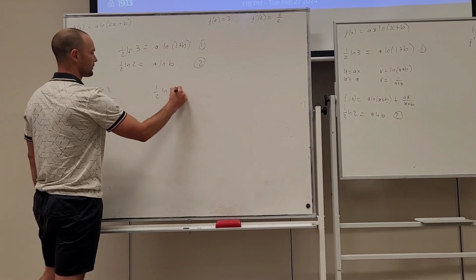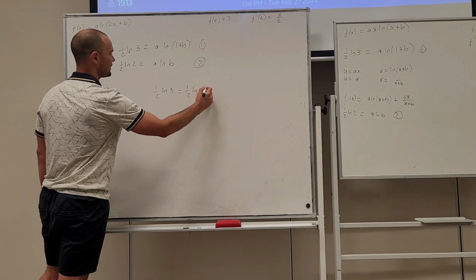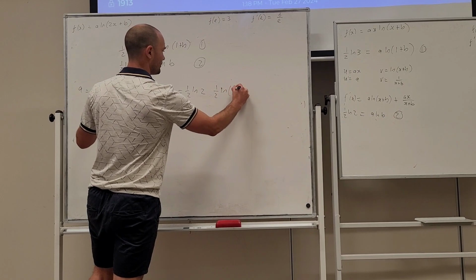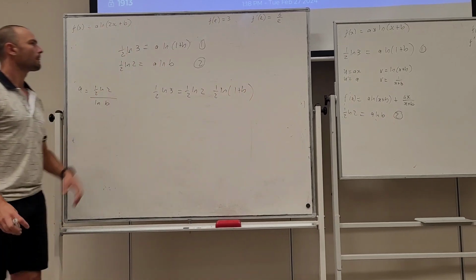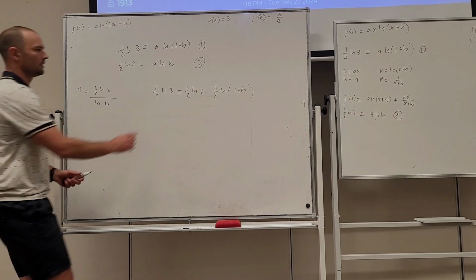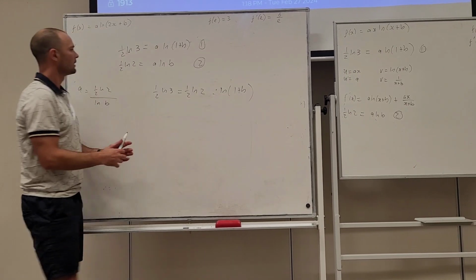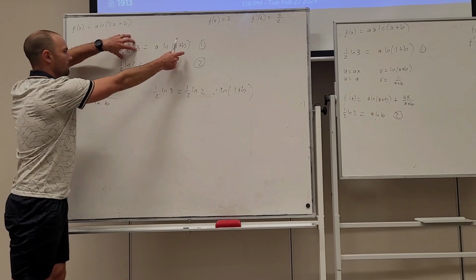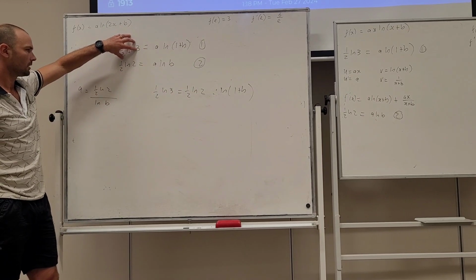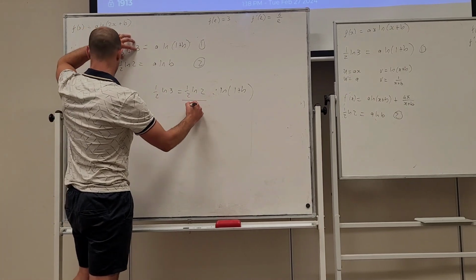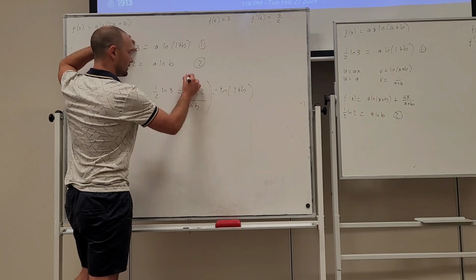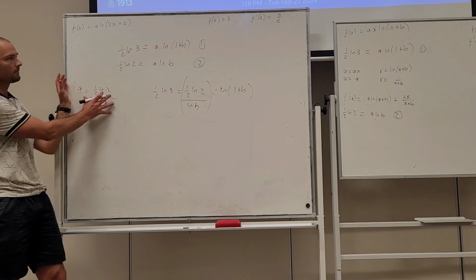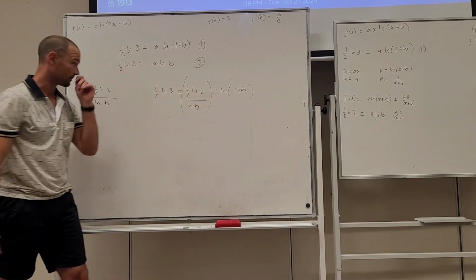So we have half ln 3 equals half ln 2 on top of ln B, multiplied by ln of 1 plus B. That's our value of A, so I'll plug that there.